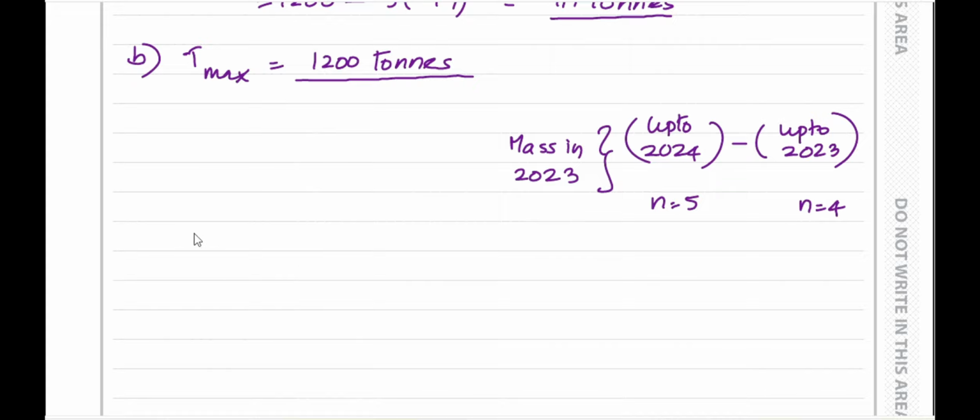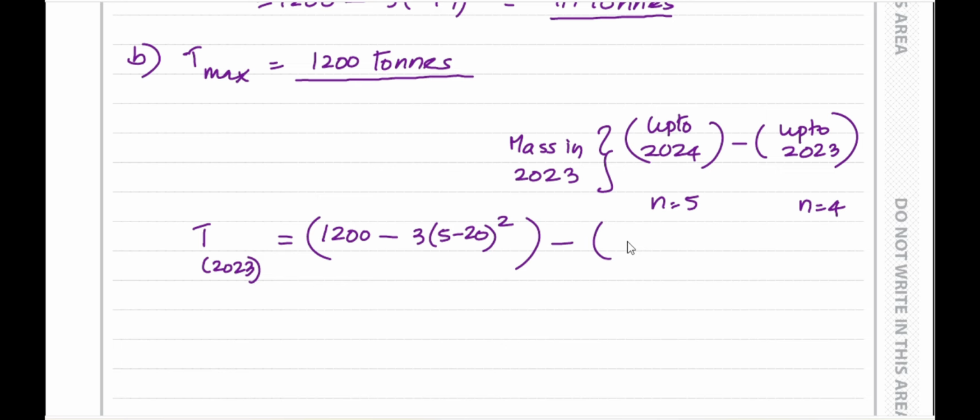So writing out that formula, you can say T in 2023 alone will be equal to 1200 minus 3 bracket 5 minus 20 square minus 1200 minus 3 bracket 4 minus 20 square.